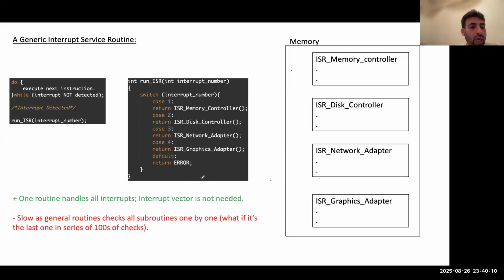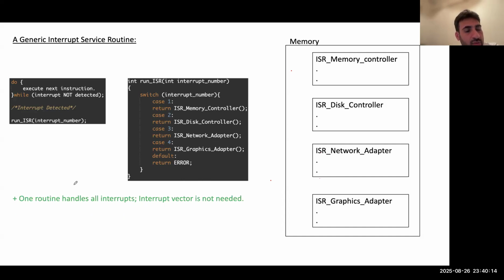However, the bad thing about this approach is, maybe you can tell me, what is the downside of this way of handling interrupts? Is there anything bad about this approach? Any downside, any performance issue?